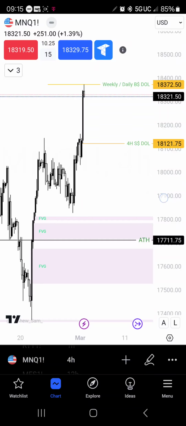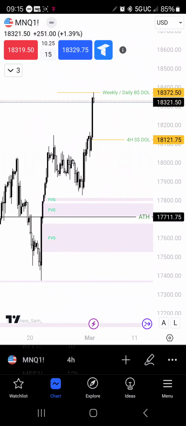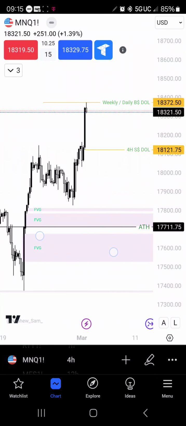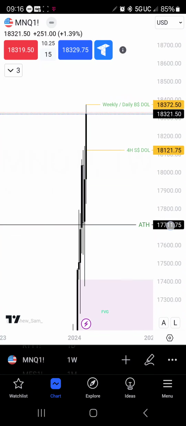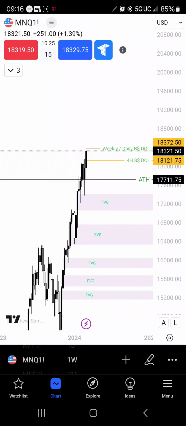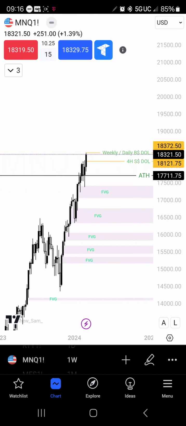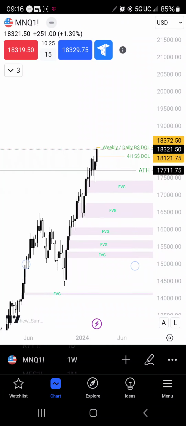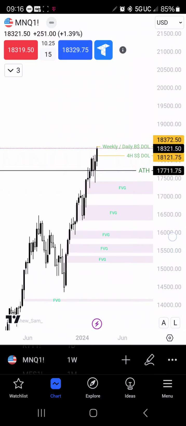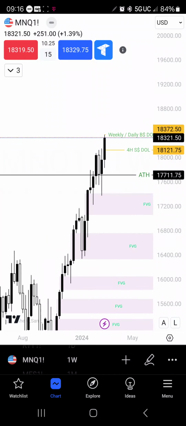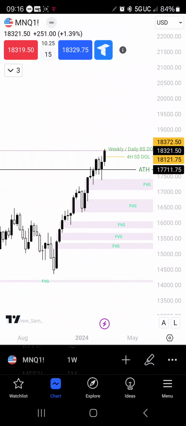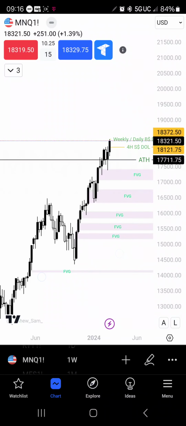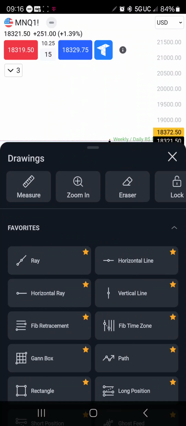Now one thing that I would do is kind of look for my dealing ranges. Okay. So with my dealing ranges, what I like to look for is the recent points of liquidity being taken. Okay, so let's change this over to here.